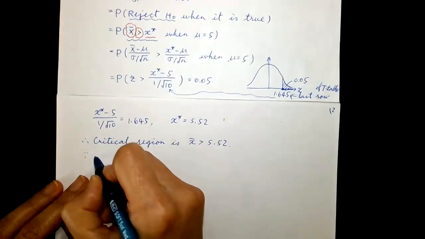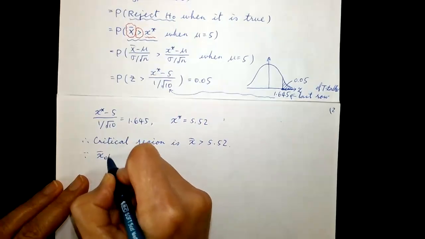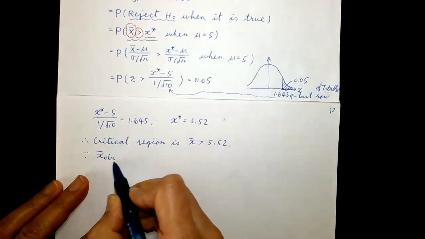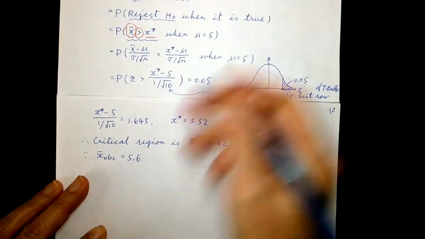Let's look at our sample, right? Our random sample gives, I show this observed, that means from the sample we have.